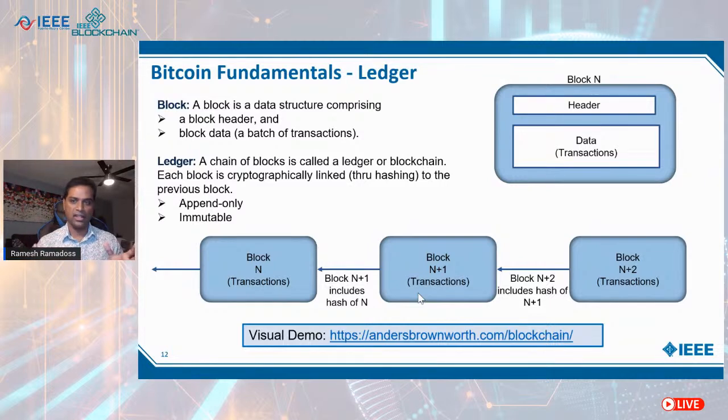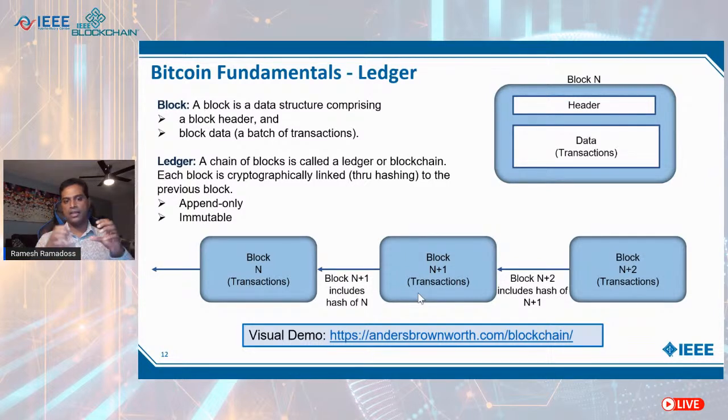We talked about user A sending Bitcoin to user B, but there could also be a user C sending Bitcoin to user D, and many other transactions. All of them could be grouped, and that's how a block is created.